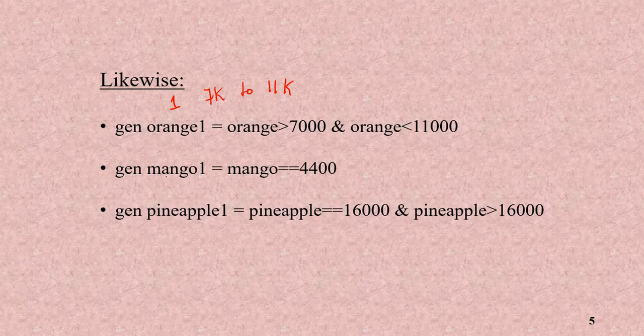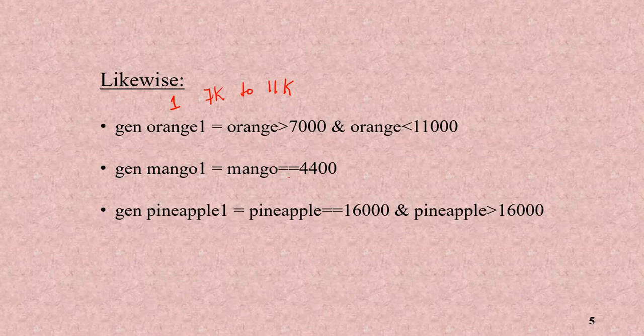Another binary variable, mango1, we can create, but here the condition is area under mango cultivation will be exactly equal to 4,400 hectare. Okay, now for this purpose, type gen, then give space, name of the new variable mango1, then give space, equal sign, give space, select the old variable mango, which is about area under mango cultivation.